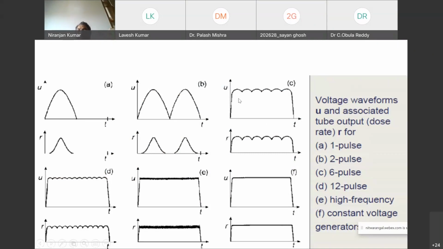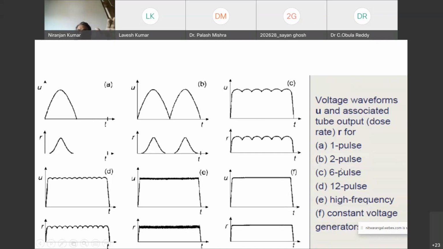So you are getting a little bit better with 33% of the ripple. Then a 12 pulse inverter was also introduced. Then high frequency came, and then full-fledged power electronics constant voltage, where we introduced the capacitor. So there are many generations of this.